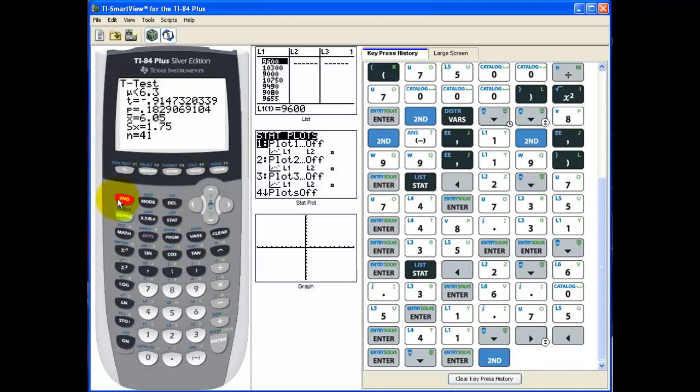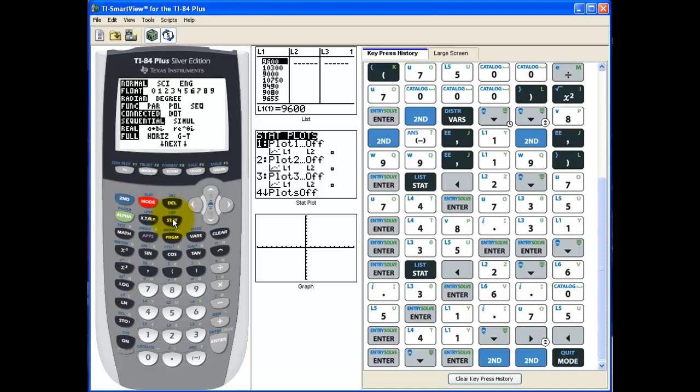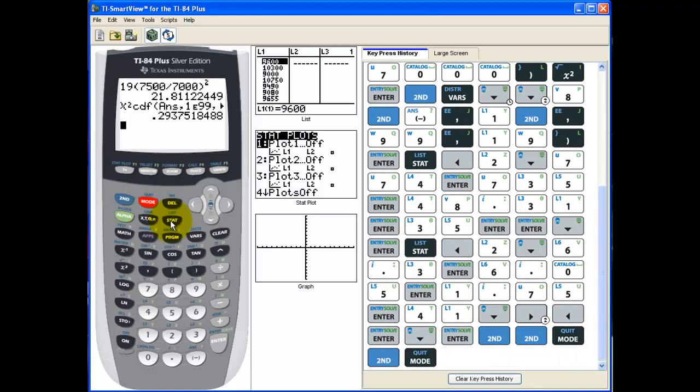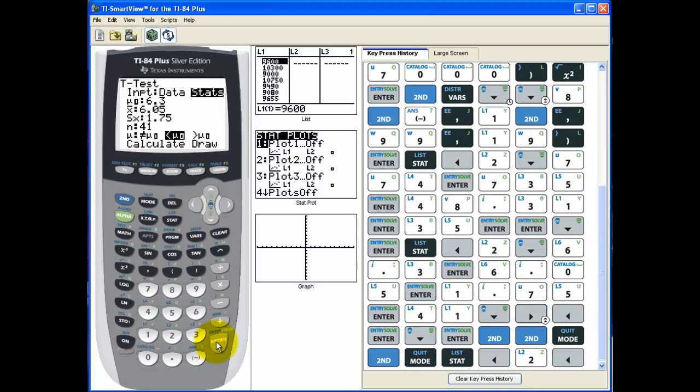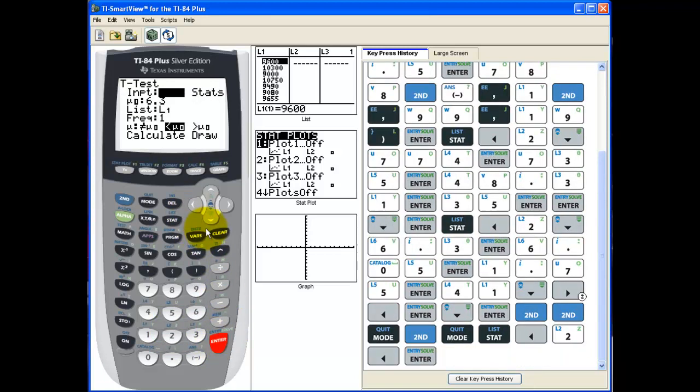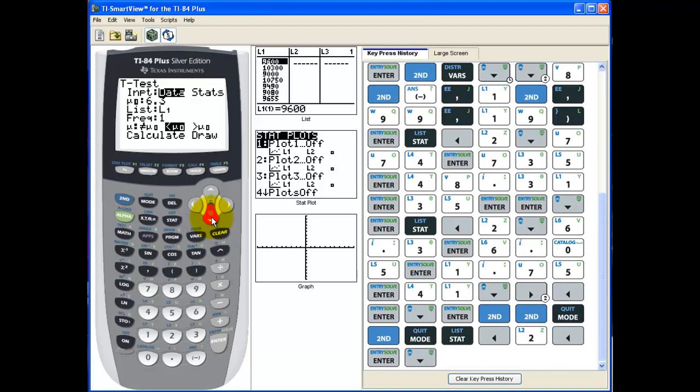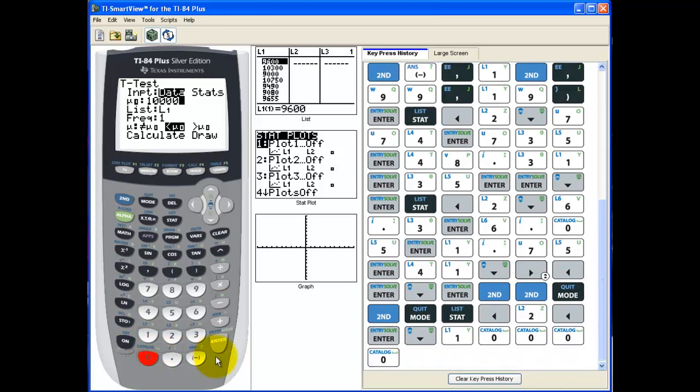So let's go back to the stat menu. Go to tests. It's number 2. We're using data. And mu naught in this case would be 10,000. So I'll key that in. Data's in list 1.